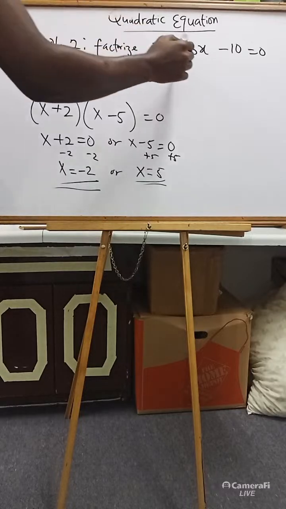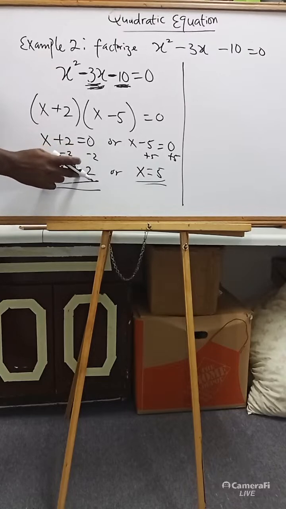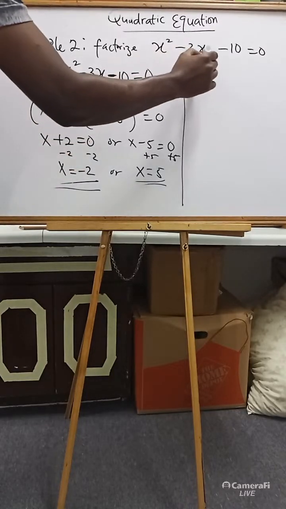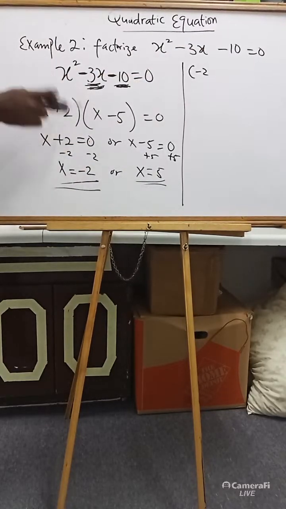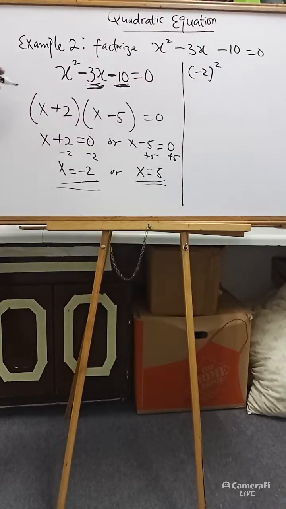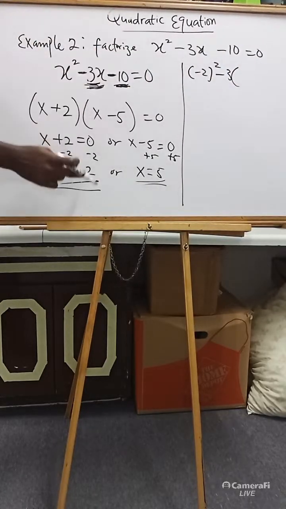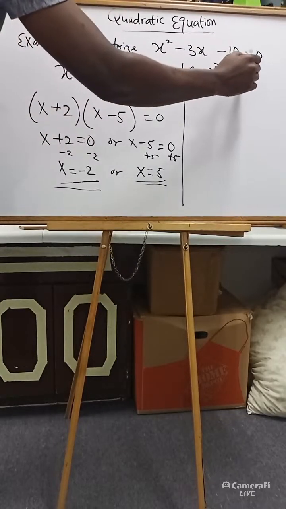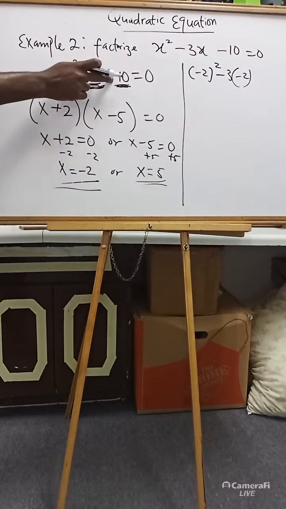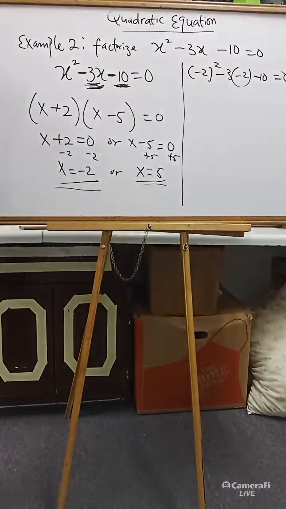So let's confirm. So here, your x, which is negative 2, you plug in negative 2 in place of x: negative 2 squared minus 3, your x, you plug in negative 2, minus 10. So we want to confirm if it is equals to 0.